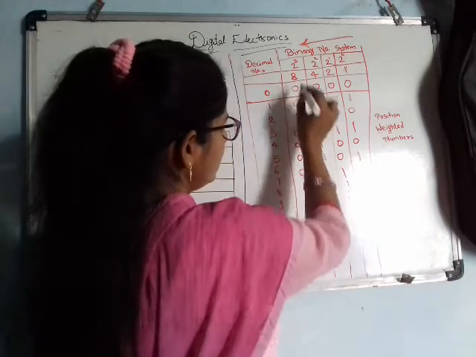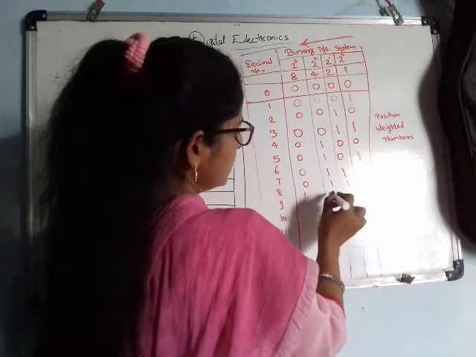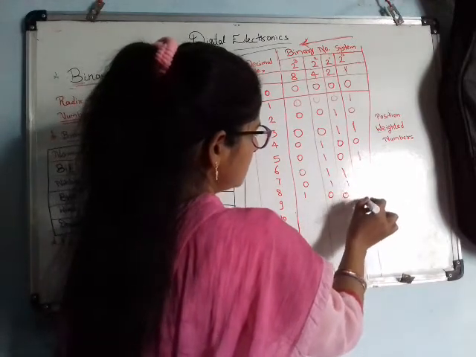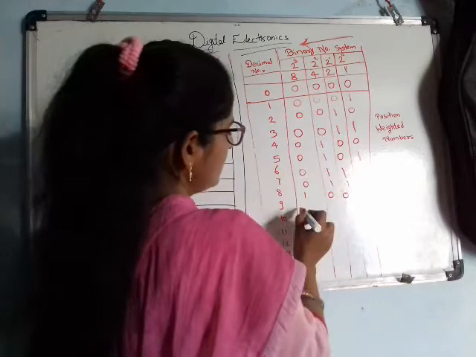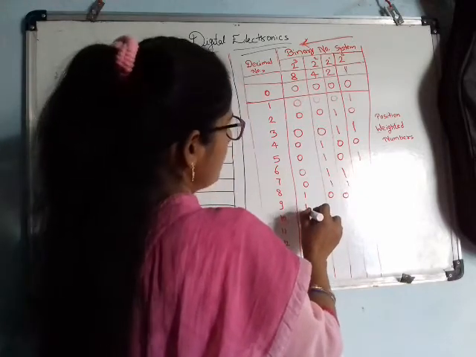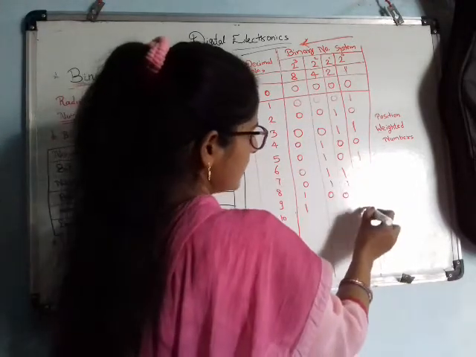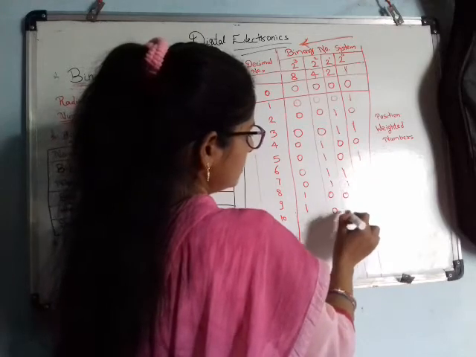For writing 8, it is 1, 0, 0, 0. For writing 9, 8 plus 1 is 9, so 1, 0, 0, 1.